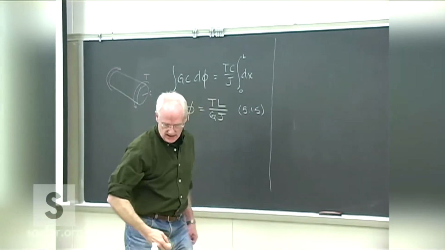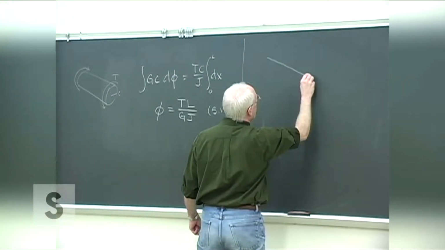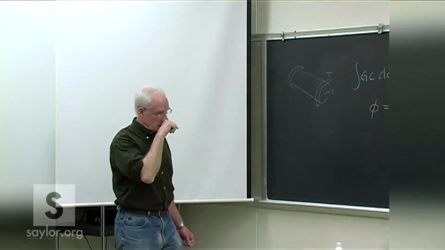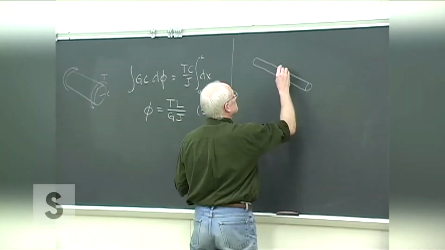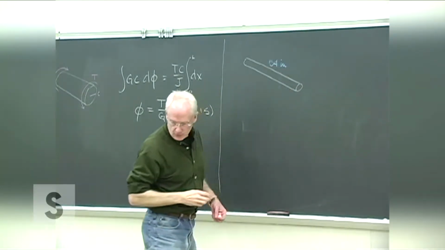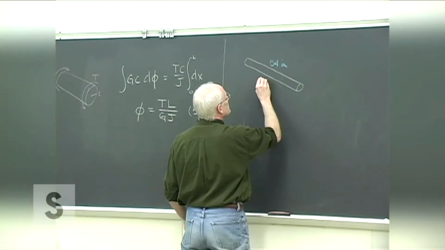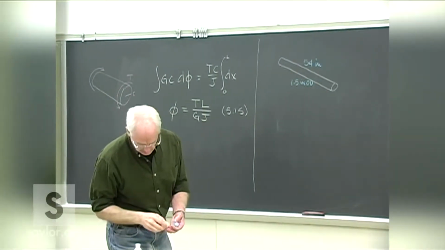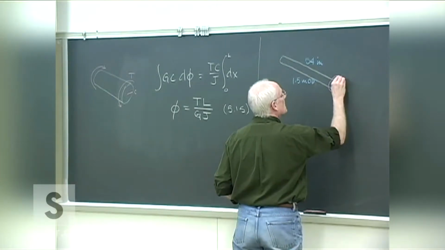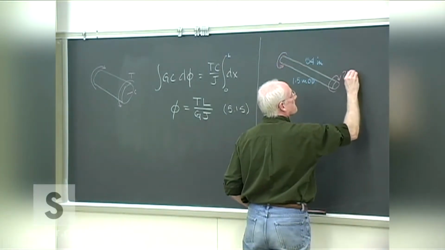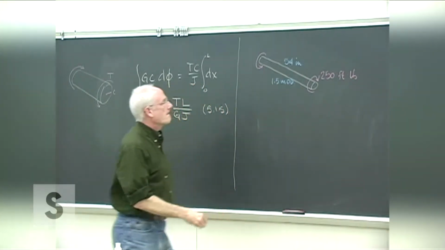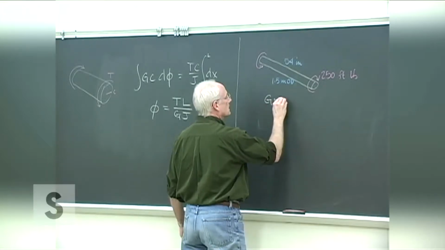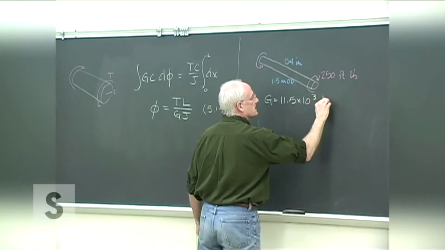So we'll run a little test problem with it. So imagine some long, slender piece, maybe a drive shaft, maybe an axle or a spindle of some kind. 54 inches in length, 1.5 inches in diameter, with a load of 250 foot-pounds, and a modulus of rigidity of 11.5 times 10 to the third ksi.